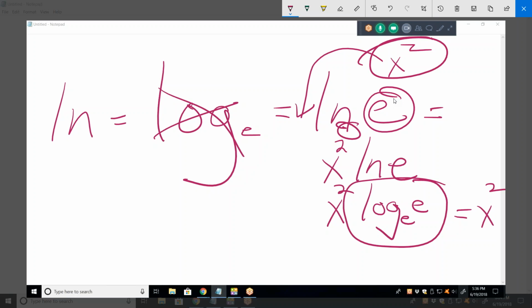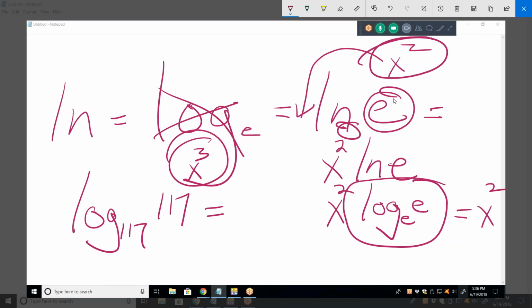So you don't have to do this in 2 steps. This is a 1-step problem. It's like if I said, what is the log base 117 of 117 to the x cubed power? That part is 1. But remember, the x cubed comes down in front and multiplies by that.